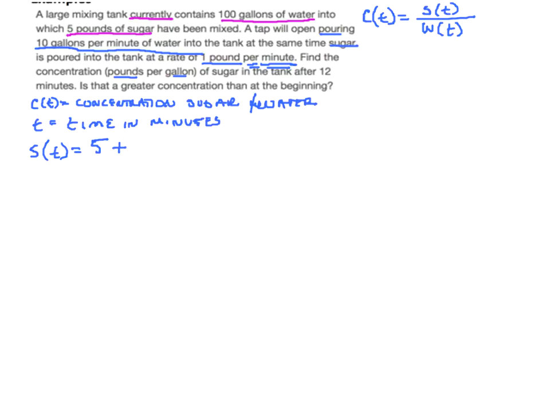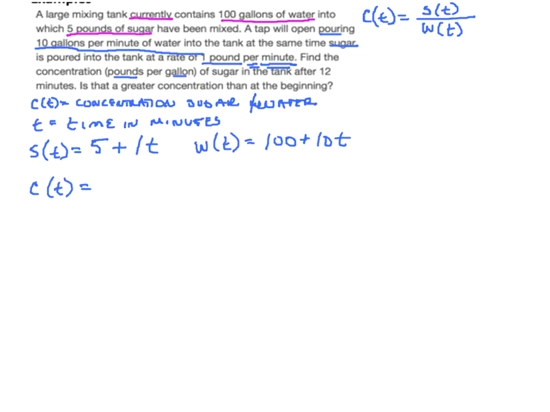So my sugar as a function of time, well, I know I started out with 5 pounds of sugar. And then I add 1 pound of sugar for every minute that that tap is open. There's my linear function for sugar. And then I have water as well, based on amount of time the tap was open.